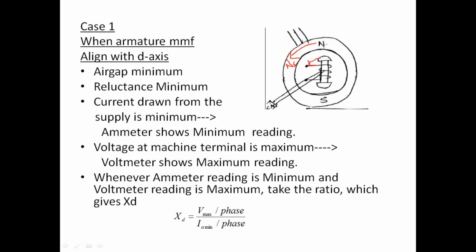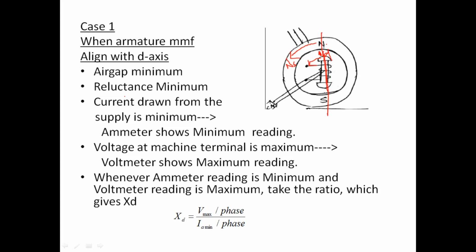The axis along these poles is known as the d axis. So this is the d axis. Case one is when the armature MMF is aligned with the d axis. In that case, the air gap will be minimum. Air gap minimum means reluctance is minimum. How is that relation coming?